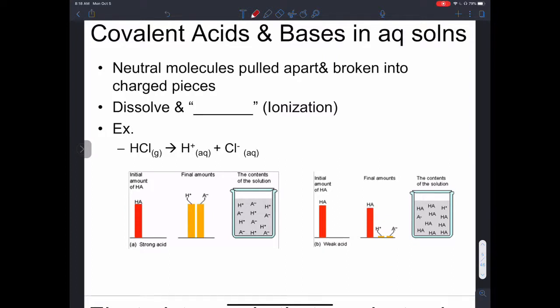So remember, the neutral molecules are pulled apart this time, and actually broken into charged pieces. So that's something new. We have not heard that before. Let me read that again. Even though these acids started out as neutral molecules, they get pulled apart and broken into ions. They were not ions, they were covalent, and now they are ions.